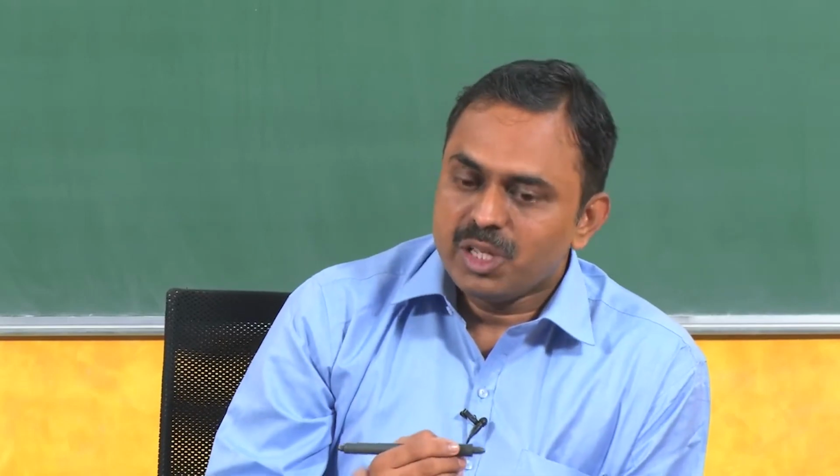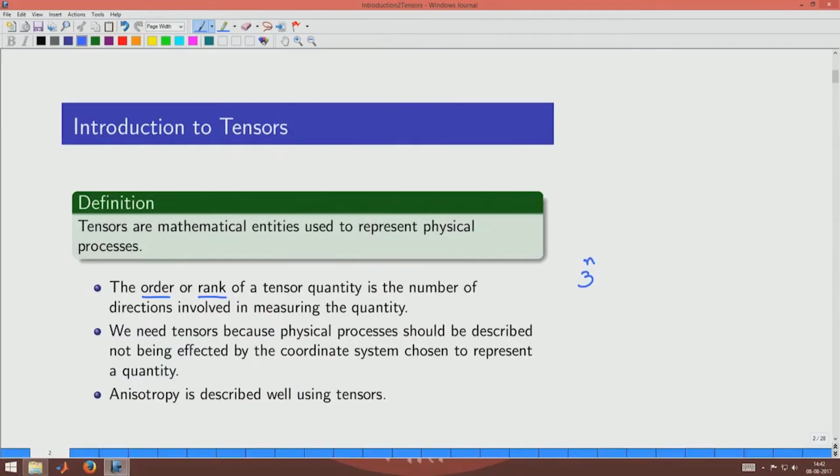It is also important to know that this order has one more important meaning: it tells you how many different directions are involved while measuring that particular quantity that is being represented by the tensor. So, the number of directions is important. As you can see, for the tensor of order 1, we have 3 elements, which means that we are talking about only one direction, and to represent one direction we just need a vector, which again has 3 elements.